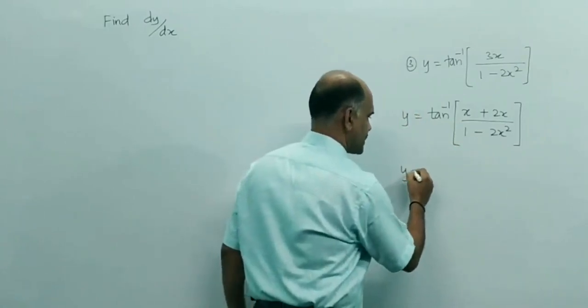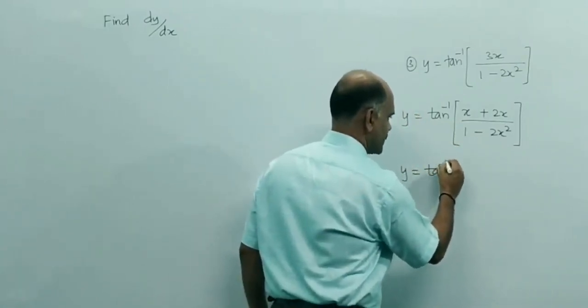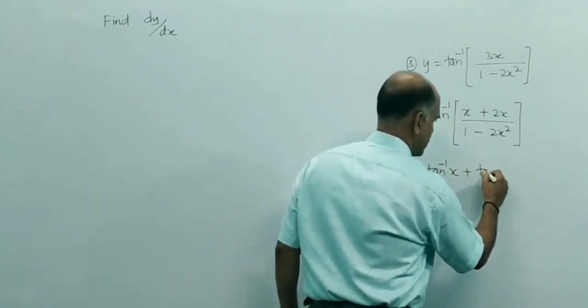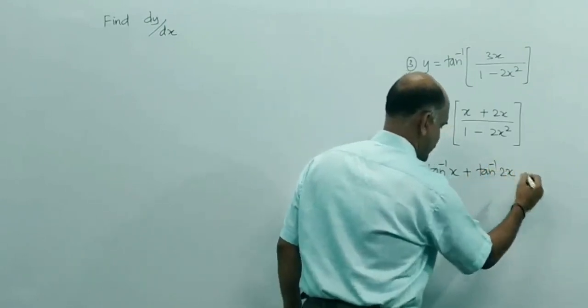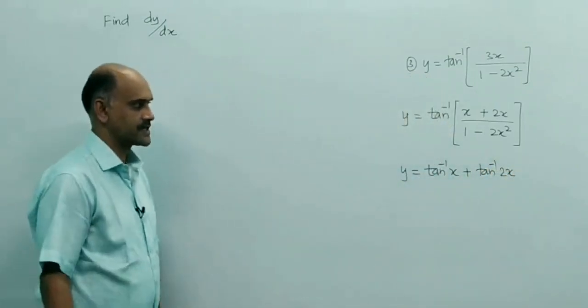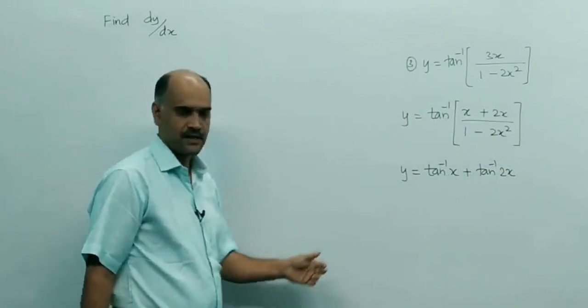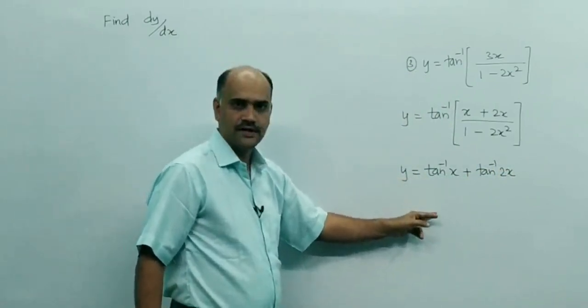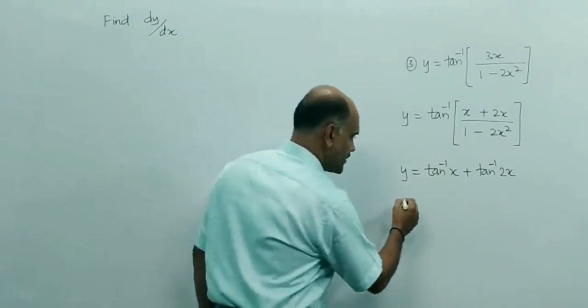So I will write it as y is equal to tan inverse x plus tan inverse 2x. Now it's very easy to differentiate.